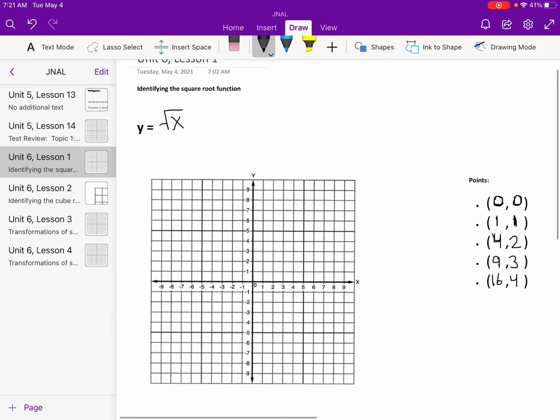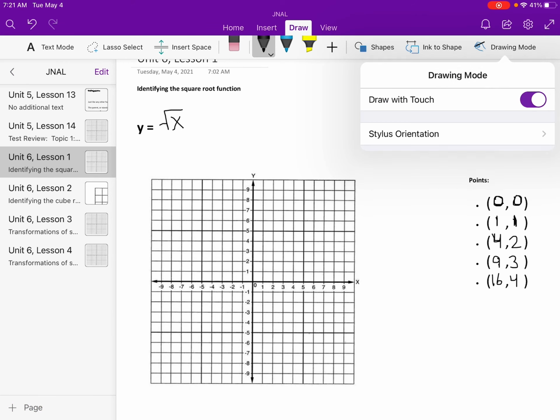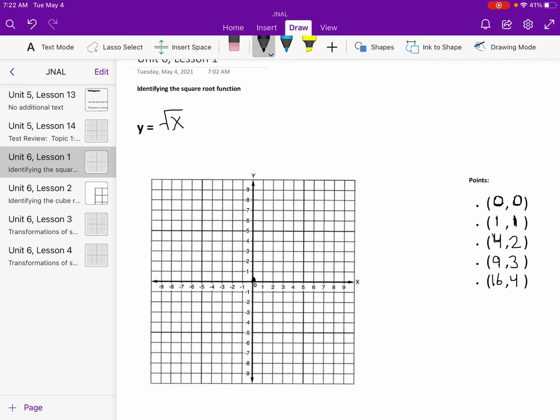So let's plot these points so we can see what this would look like. So 0, 0 is right here. Notice that if you had a square root of -1, remember that would be imaginary, so it would be imaginary for x to be negative. So then you have 1, 1, you have 4, 2, you have 9, 3, and you have 16, 4, but I can't do that because this doesn't go that far.